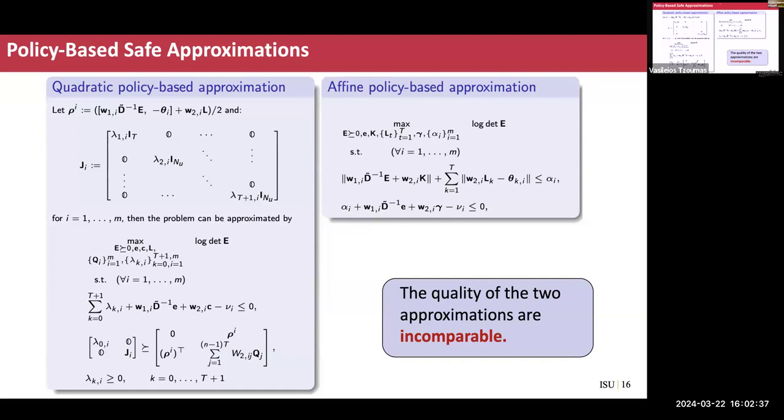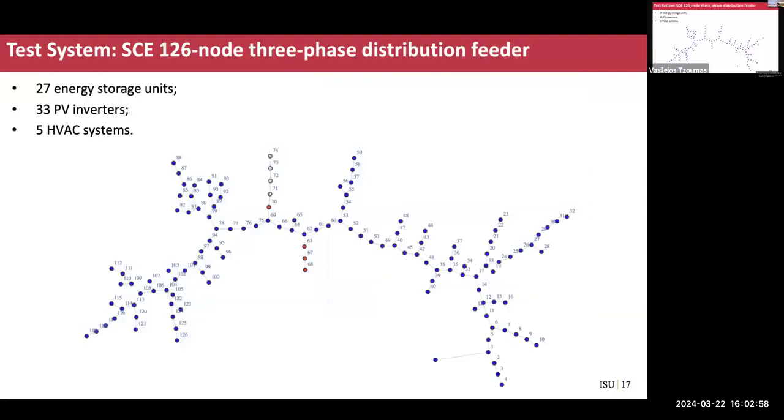So the takeaway is the quality of the two approximations is actually incomparable. We can construct an artificial case where this affine policy is strictly better than this quadratic policy. And that's something we can see empirically from the simulation results.